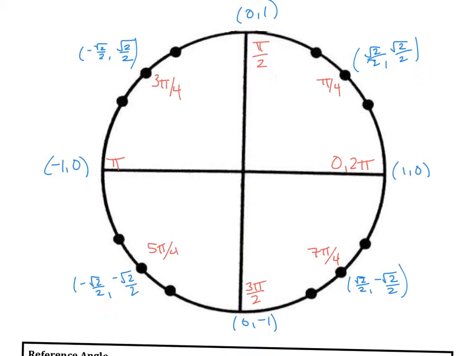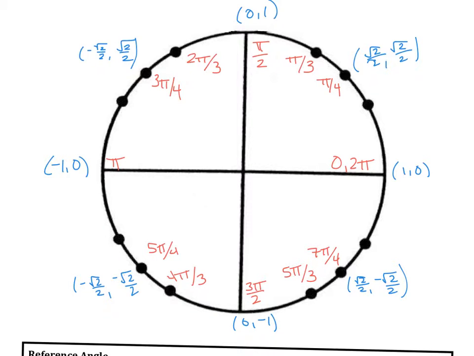The pi over 3s. So I had a pi over 3 up here. I had a 2 pi over 3 here, and the pi over 3s tend to cluster near the top. Oh, that's 2 pi over 3. This is 4 pi over 3, and this is 5 pi over 3. They tend to cluster up towards the pi over 2 and the 3 pi over 2.